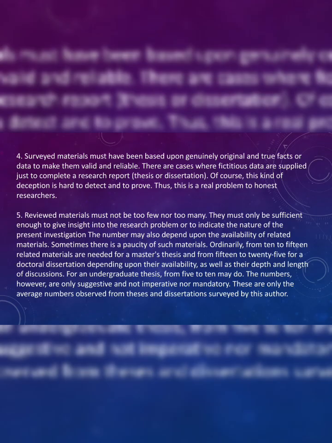For an undergraduate thesis, from 5 to 10 may do. The numbers, however, are only suggestive and not imperative nor mandatory. These are only the average numbers observed from the theses and dissertations surveyed by this author.